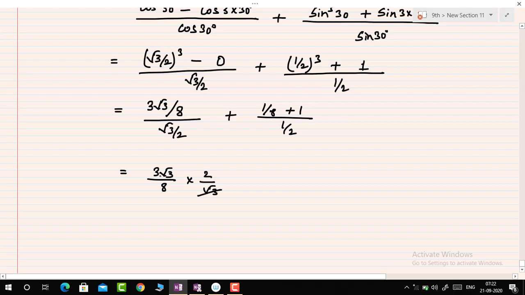So root 3 cancelled, 2 4s are 8, so it comes 3 upon 4, and here it is 1 plus 8 upon 8, that is 9 upon 8 upon 1 upon 2. So it comes 3 upon 4 plus 9 upon 8 multiplied by 2 upon 1, which equals 4.